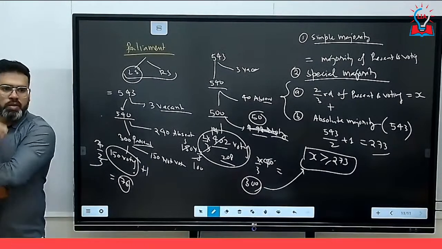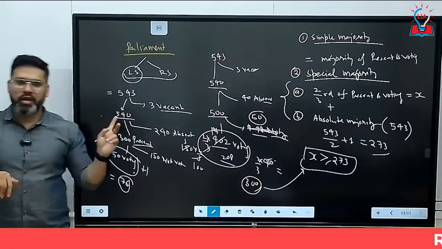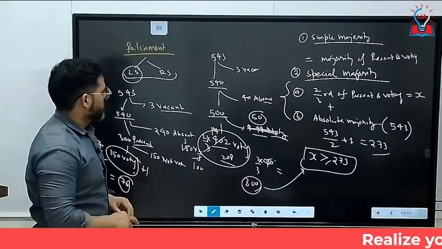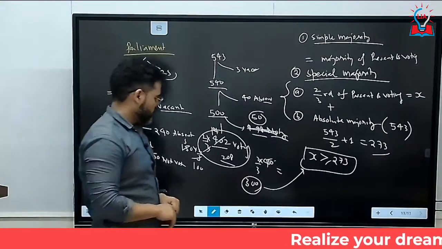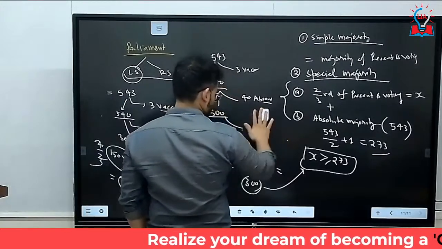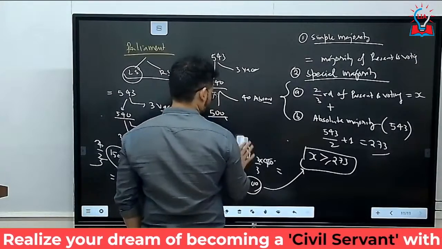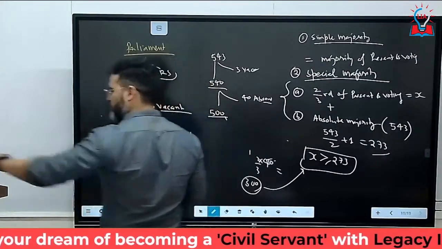Any doubt till now? So you have noted down the example. Example, you note it down. Remove this thing. In this example, the number is 450.